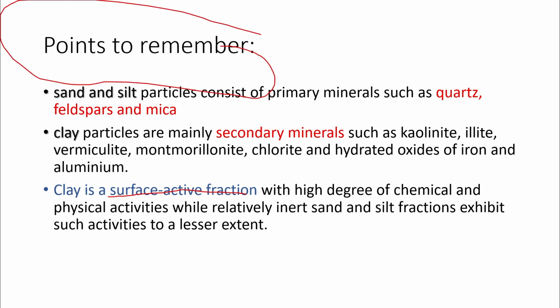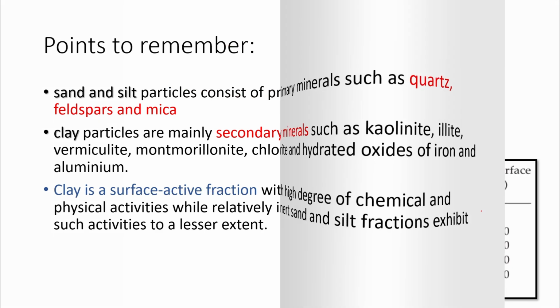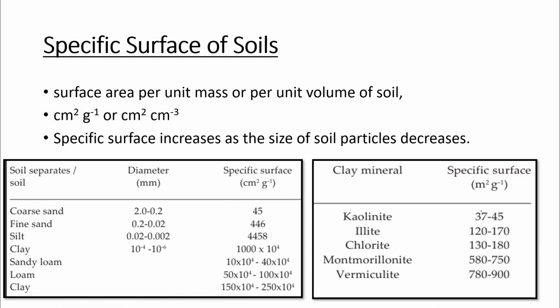I have already given this in a box in the first lecture, soil texture, in the soil physics introduction part. Okay. Then another thing you have to learn is the specific surface of the soil. It is the surface area per unit mass or per unit volume of the soil.